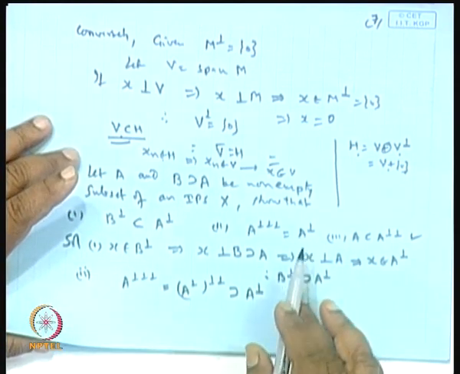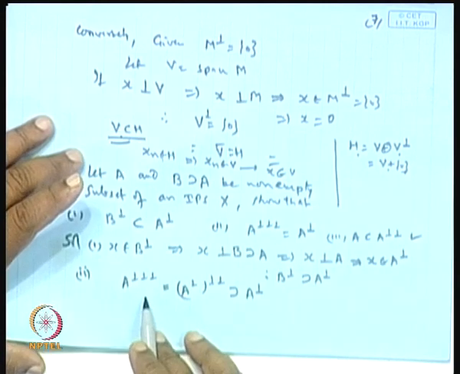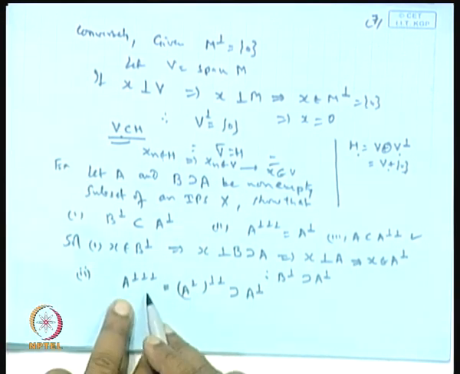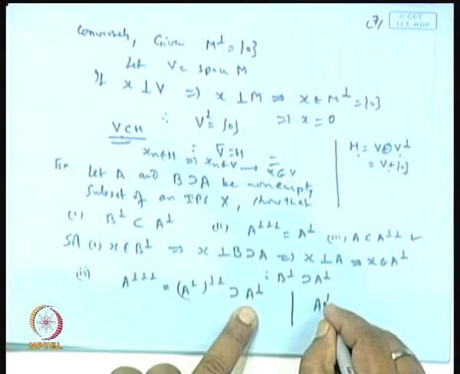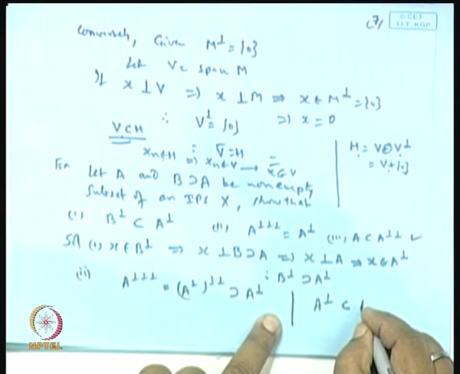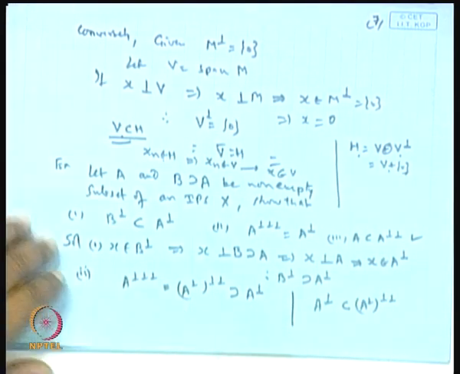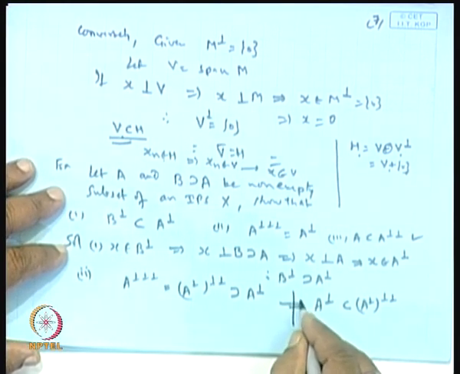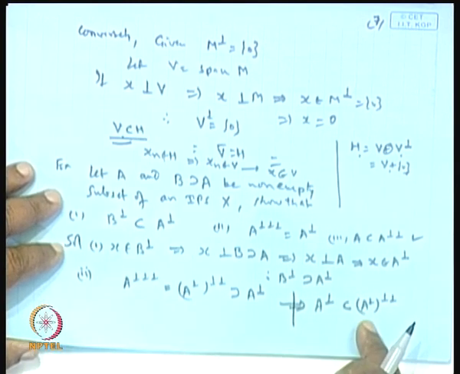Clear? A perpendicular covers A, and A covers A perpendicular. So, this implies this. This is one side.